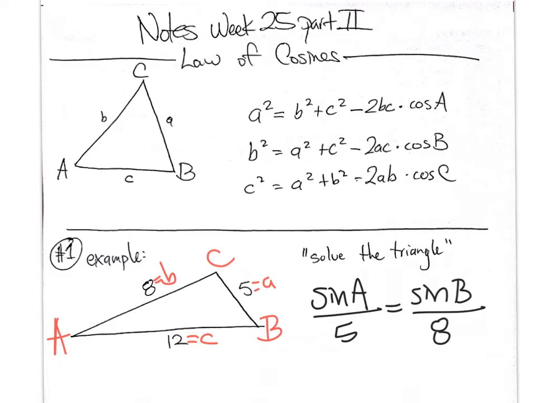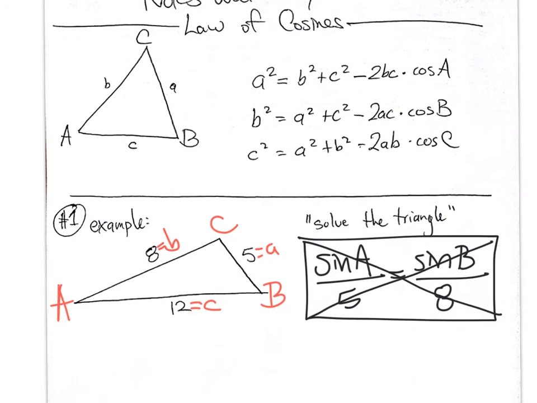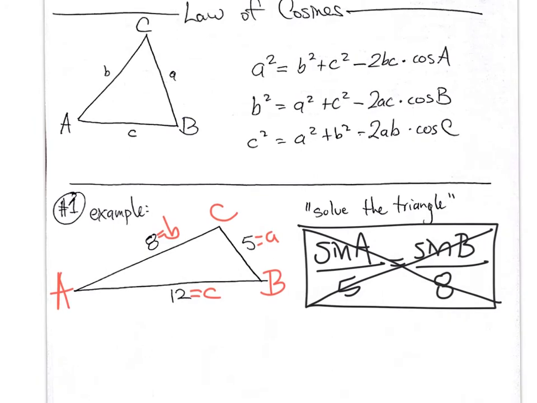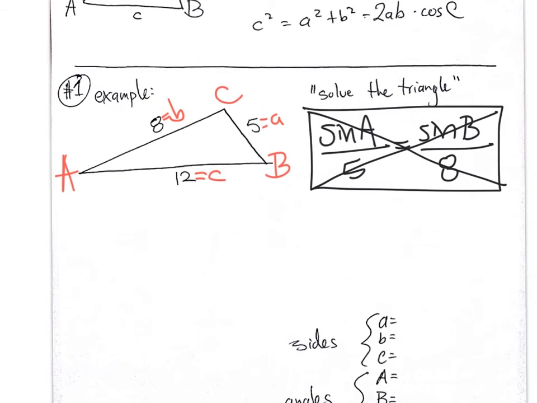Alright, so this is an example where you'd say, you know what, law of sines isn't going to work for me, so I'm going to use the law of cosines. So, you have these sitting in front of you. We need the right tool for the right job.